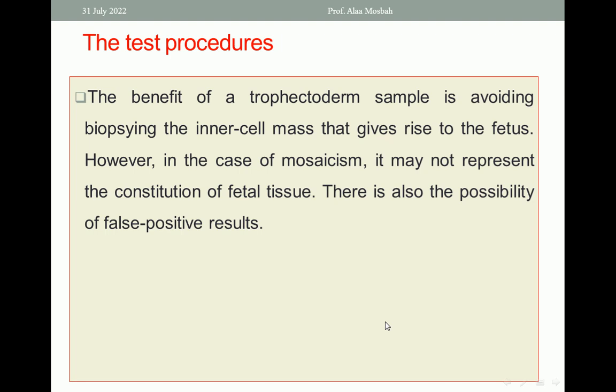The benefit of trophoectoderm sample is avoiding biopsying the inner cell mass that gives rise to the fetus. However, in case of mosaicism, it may not represent the constitution of fetal tissue. There is also the possibility of false positive results.